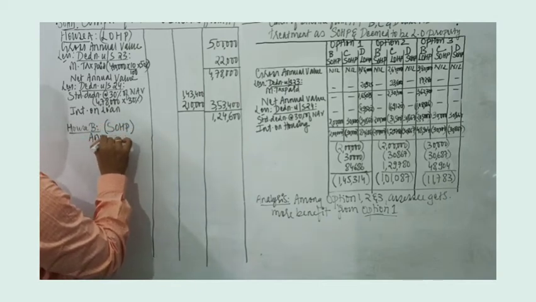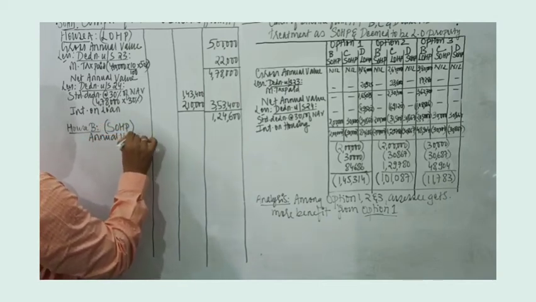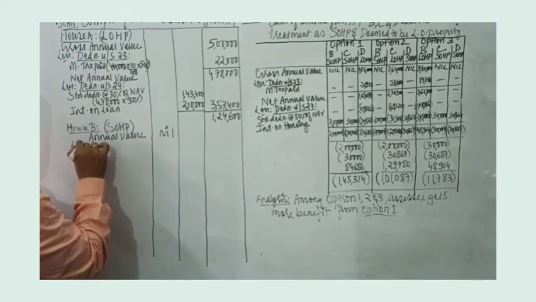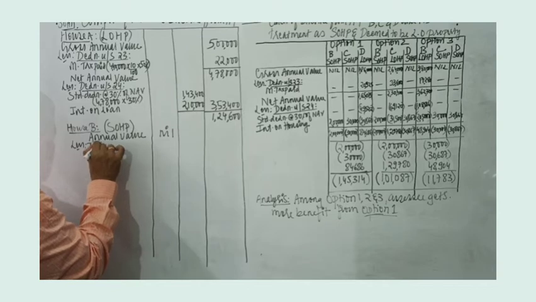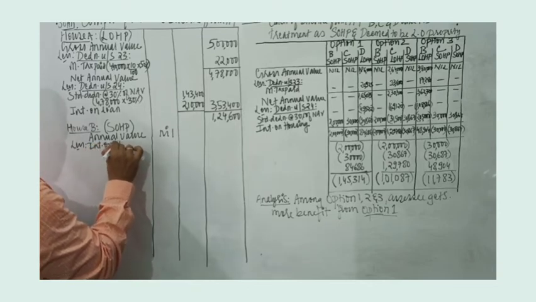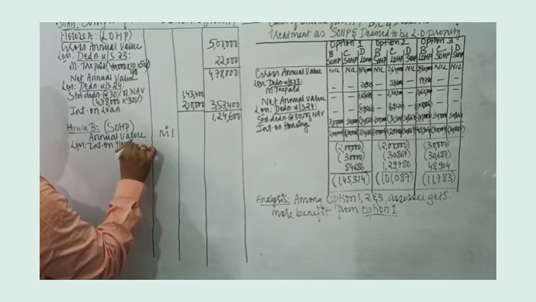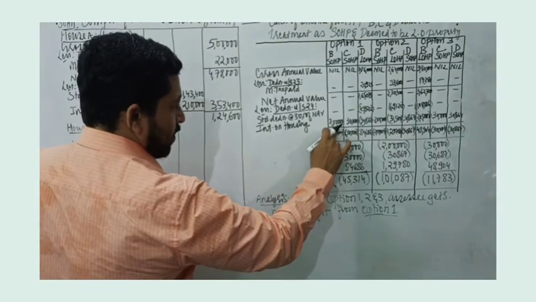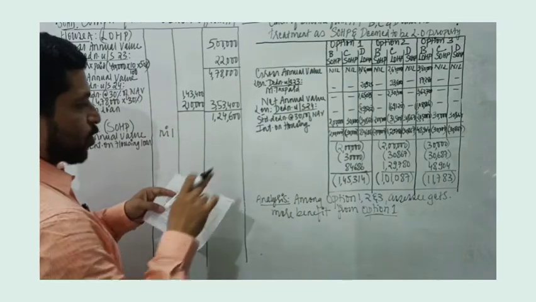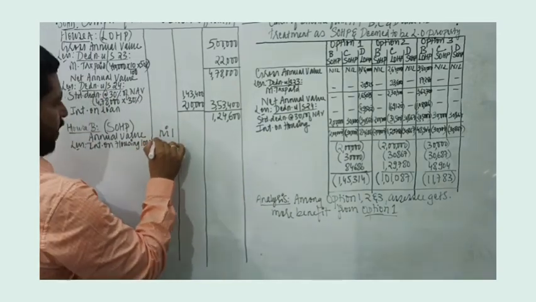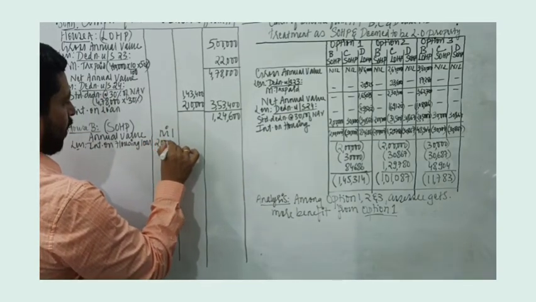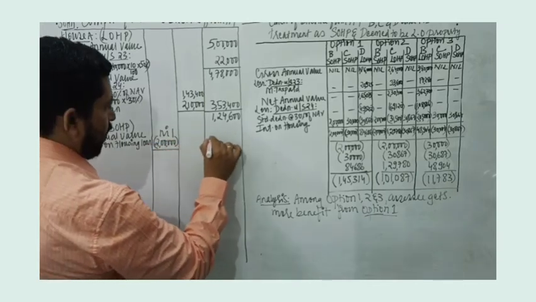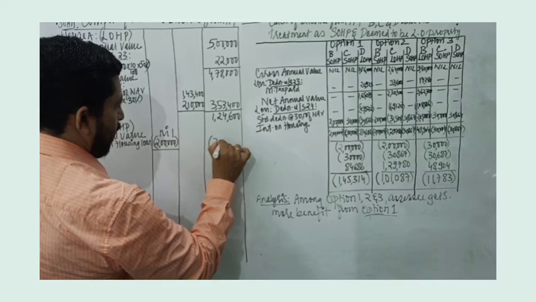Annual value of a self-occupied house property is always nil, less interest on housing loan, and we have already calculated this in option 1. Since it is self-occupied, though the interest paid is 2,05,000, maximum deduction is 2 lakh only. So 0 minus 2 lakh would give you minus 2 lakh.